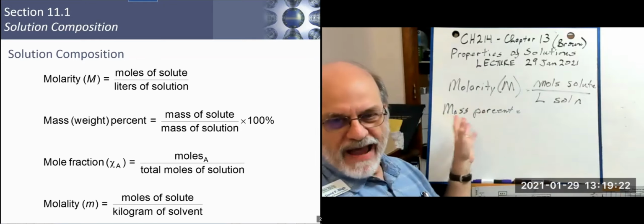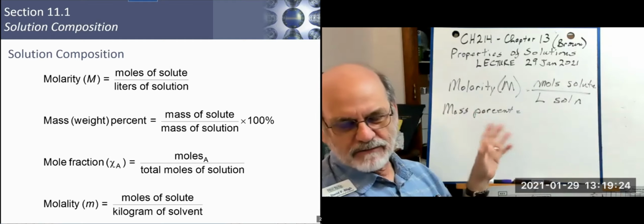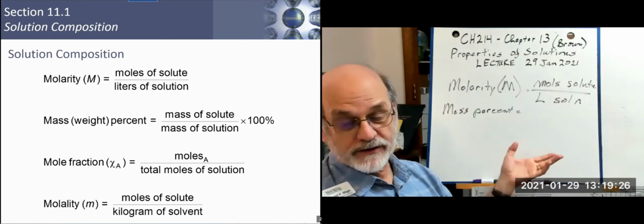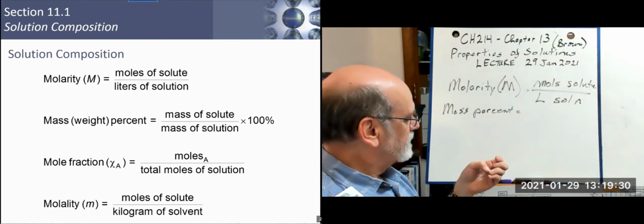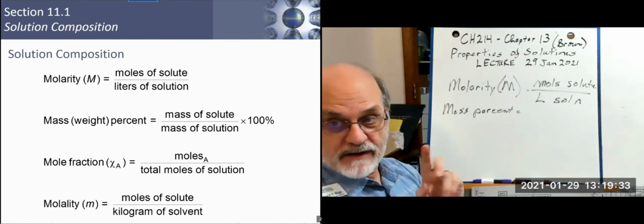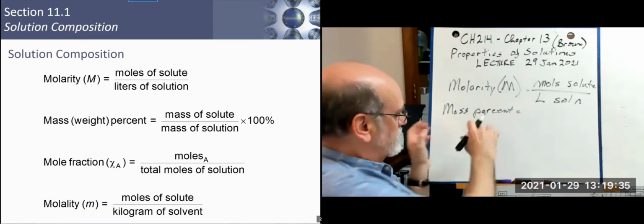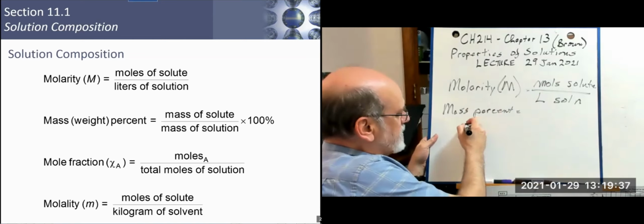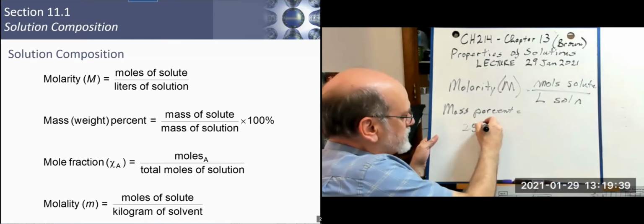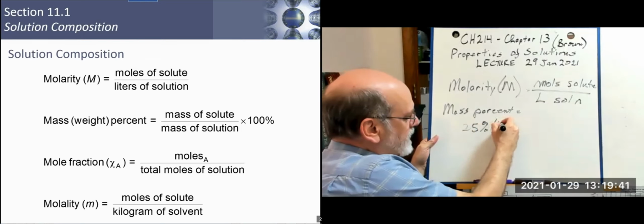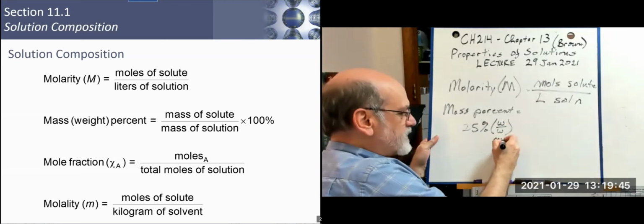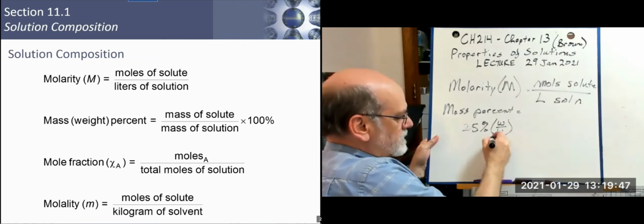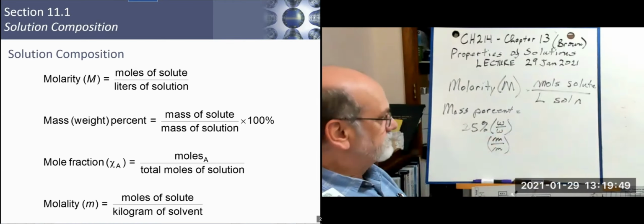So mass percent, and by that we often mean weight percent, is sometimes given with parentheses. So we might say, like I said, 25%, and we may in parentheses say weight/weight, or we might say mass/mass, to identify what it is.